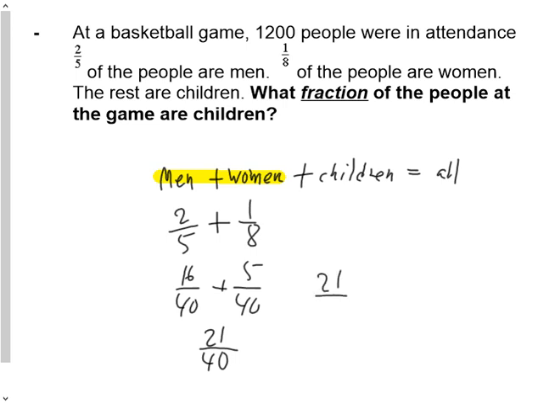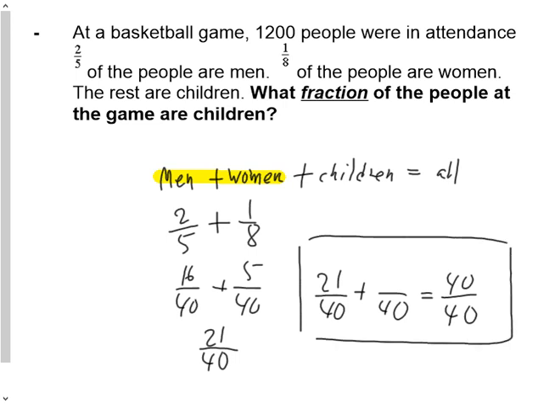So 21/40 plus how many 40ths equals all of the people, 40/40. If you think of it this way, now it makes sense. What does that numerator have to be? It has to be 19/40, which means that 19/40 is a fraction that represents all of the kids at the game.